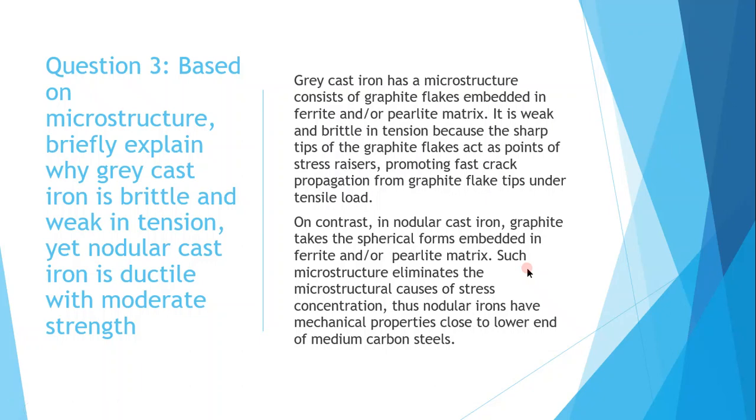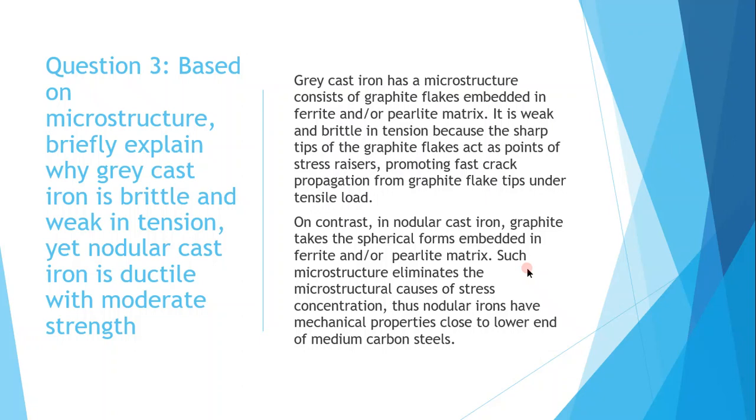So question 3. Based on microstructure, briefly explain why grey cast iron is brittle and weak in tension, yet nodular cast iron is ductile with moderate strength. So grey cast iron has a microstructure consisting of graphite flakes embedded in ferrite or pearlite matrix. It is weak and brittle in tension because the sharp tips of the graphite flakes act as points of stress concentration, promoting fast crack propagation from graphite flake tips under tensile load.